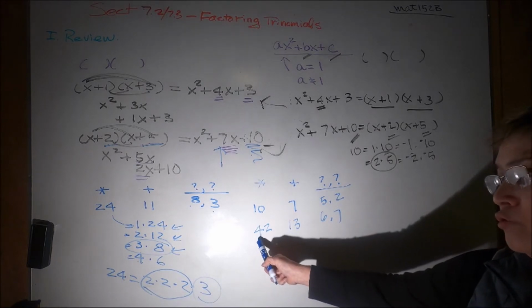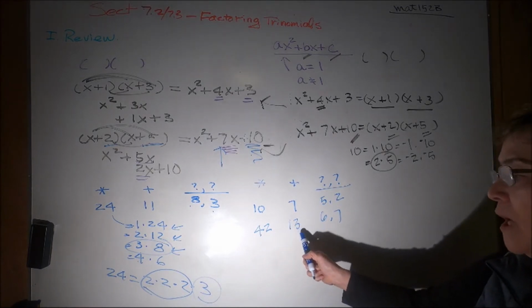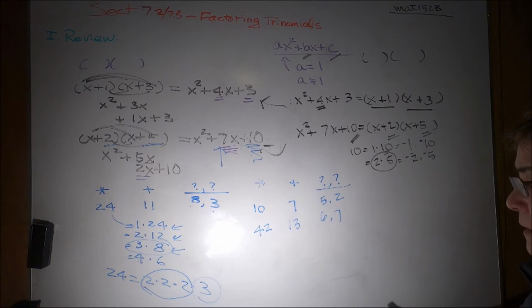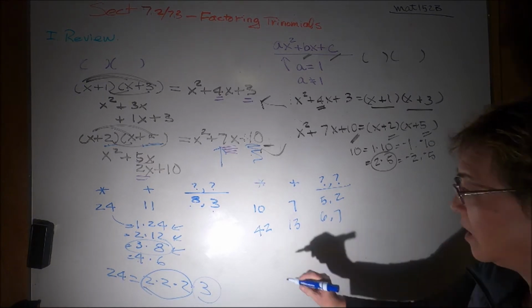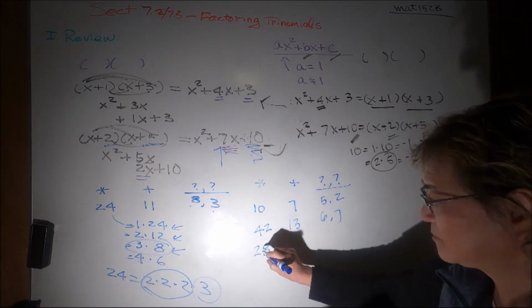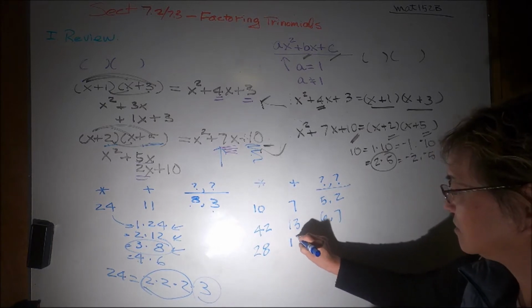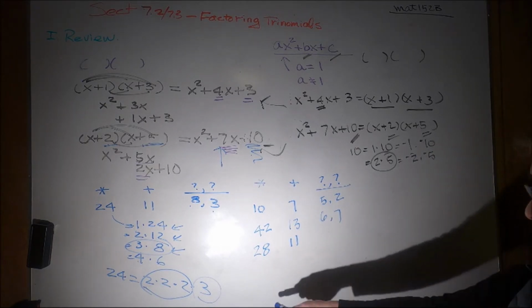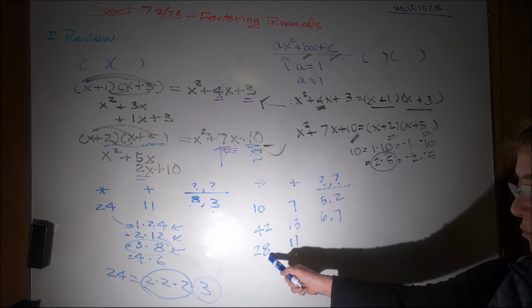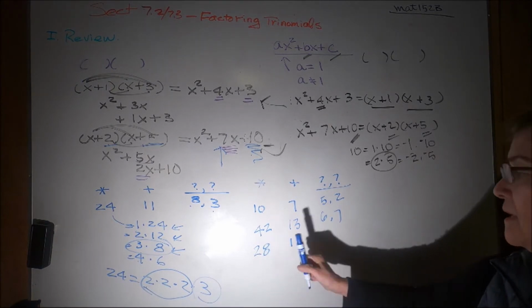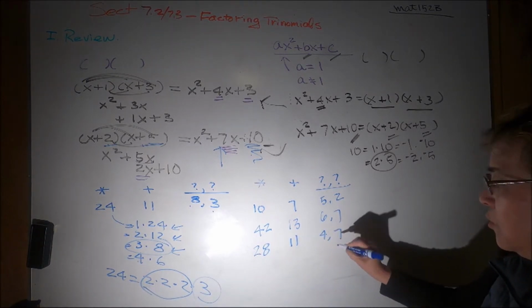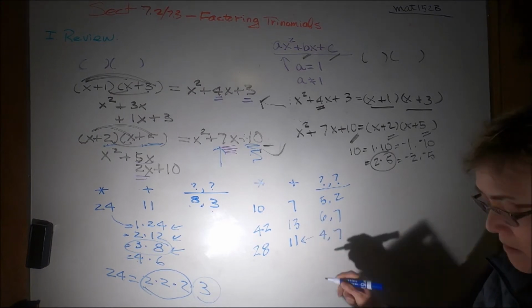If you use 2 and 21, that would make 23, right? So how about 28? Multiply together is 28 and add together is 11. So 2 and 14 will not work. 4 and 7 will work, right?